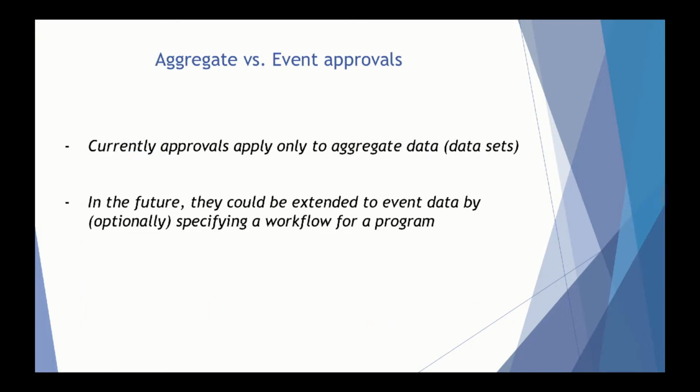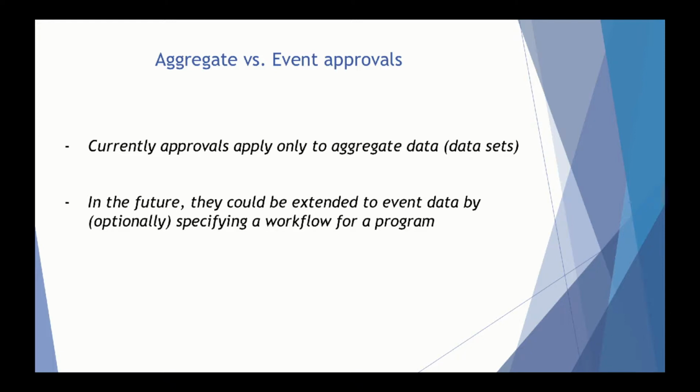So we thought also about extending this model to event approvals. And in fact, it's been in the release now for a few releases, and it's suggested we clean it up until we get it fully implemented. If you go into program, you'll find that you can assign a workflow to it in the user interface today, which actually doesn't do anything yet because we haven't fully implemented approvals for programs.